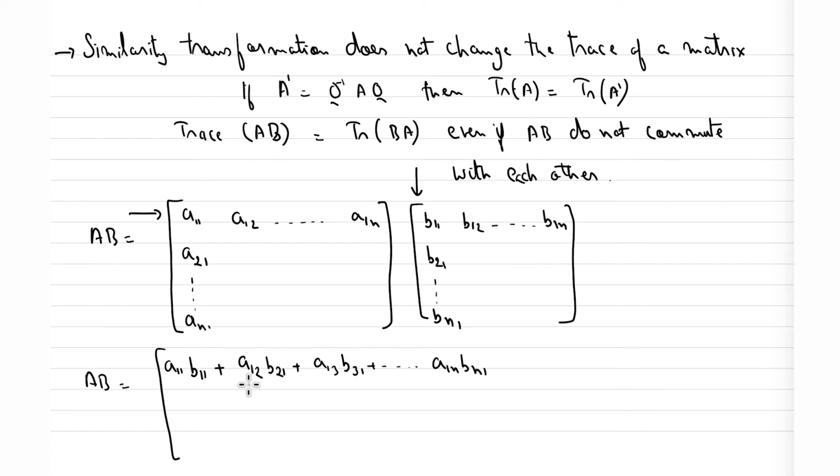So similarly, I can write the last element in this as An1 B11 plus An2 B21 plus An3 B31 plus ANN Bn1, right? And similarly here, if I go, I can write the other elements. So this will be the general product.